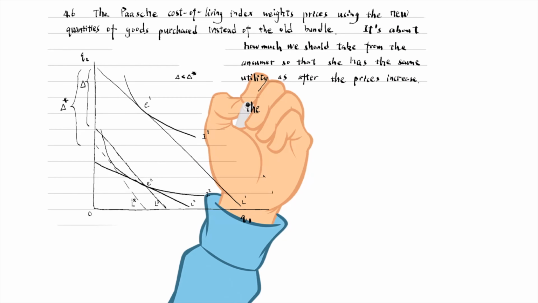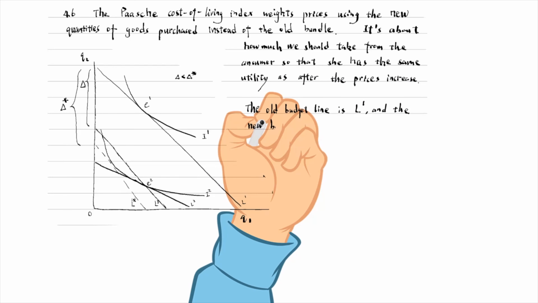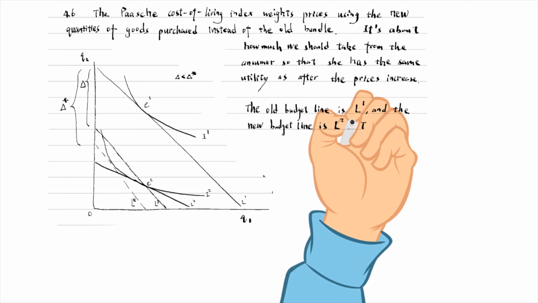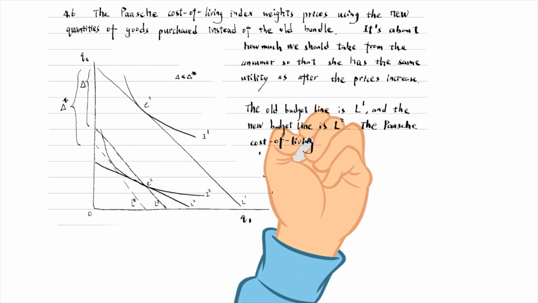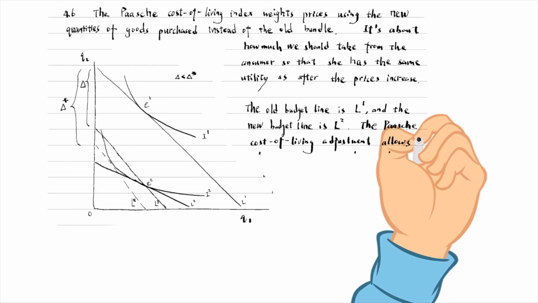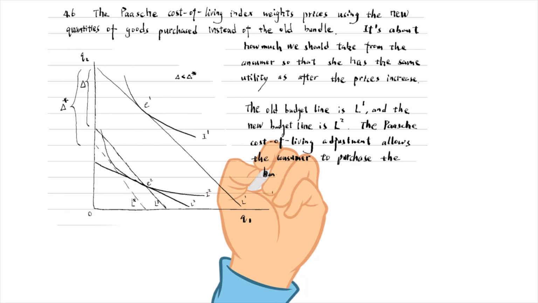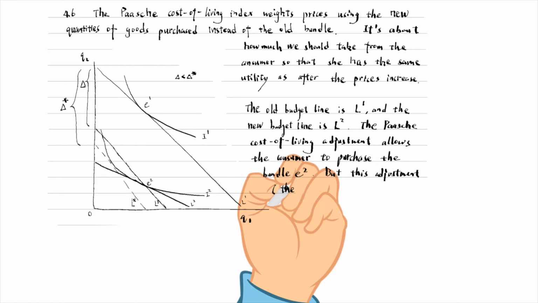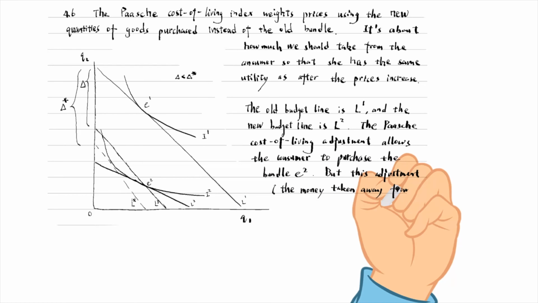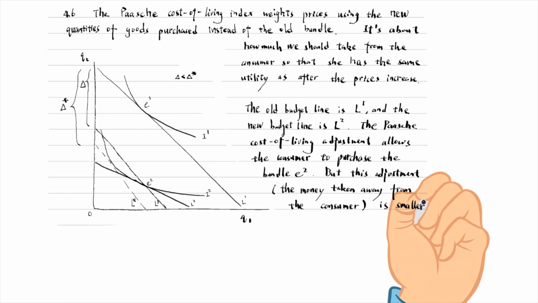The budget line before the price increase is L1, and the budget line after the price increase is L2. The Paasche cost of living adjustment allows the consumer to purchase the bundle E2. So the budget line L3 goes through the bundle E2. But this adjustment, that is, the money taken away from the consumer, is smaller than it should be.